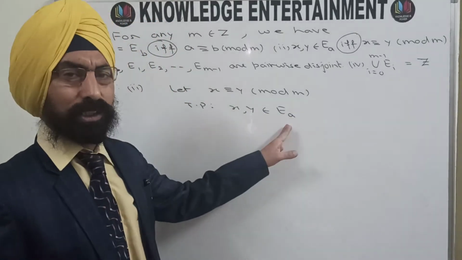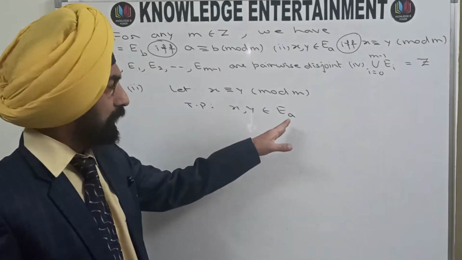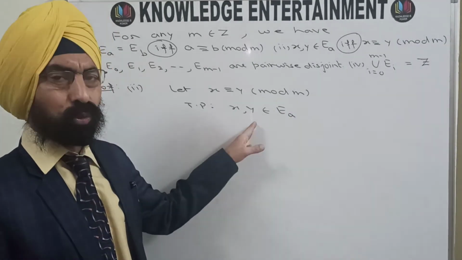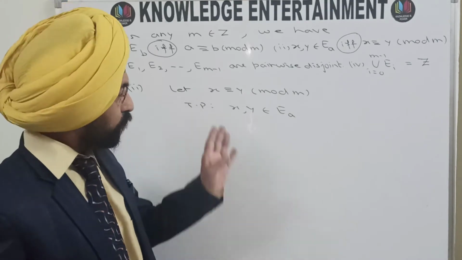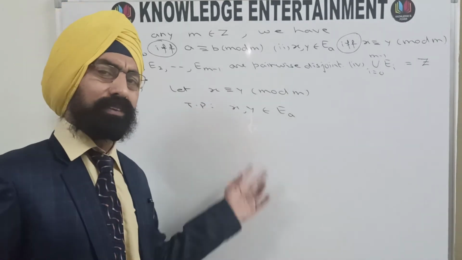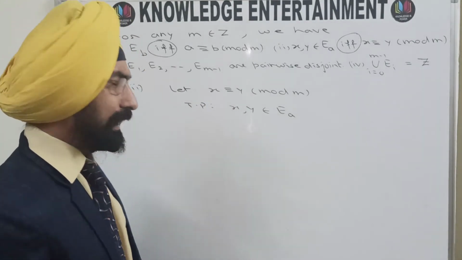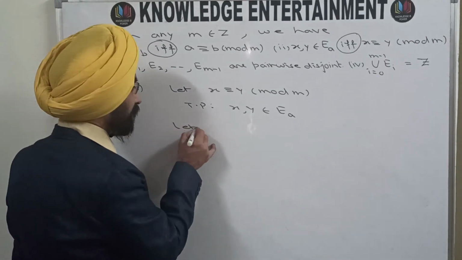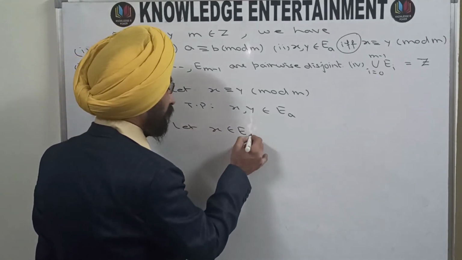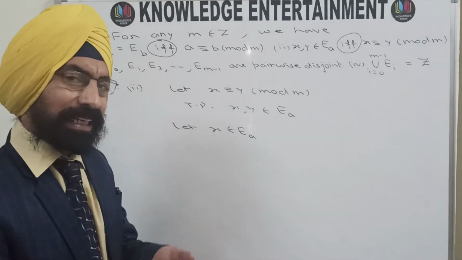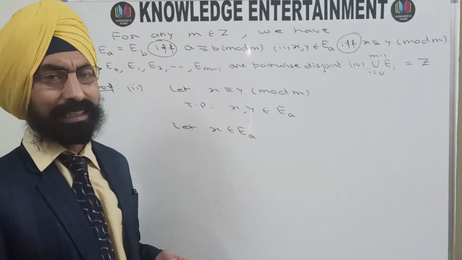EA means the same residue class. Maybe EB, maybe EC, maybe ED, any class, but x and y are both in the same residue class. So suppose x is in EA, and then we will show that y also belongs to EA.